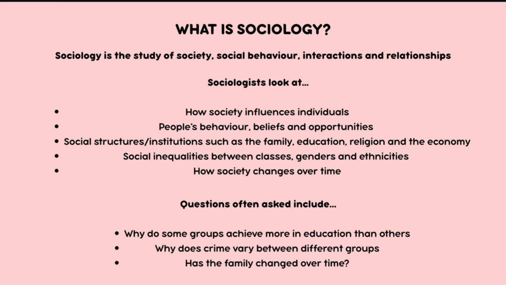And sociologists look at so many things, but some key things that they look at in our course are how society influences individuals, people's behaviour, their beliefs and their opportunities, social structures and institutions like family, education, religion and the economy, social inequalities between classes, genders and ethnicities, and also how society changes over time.